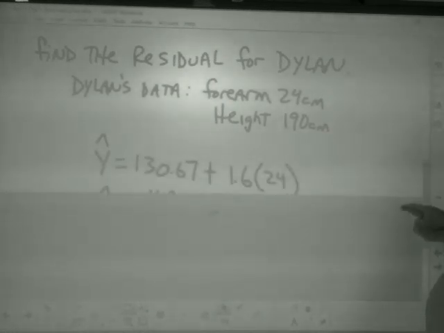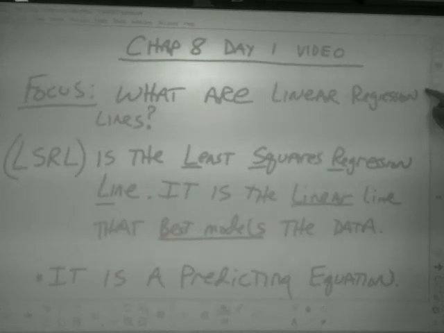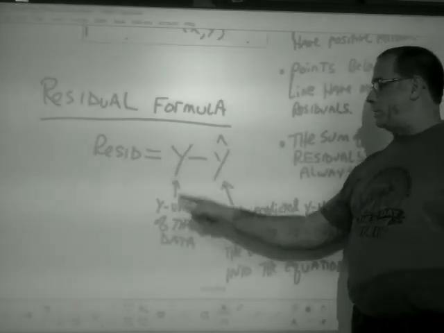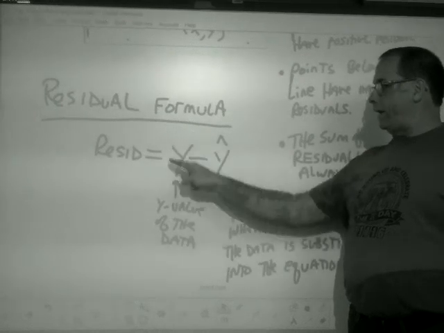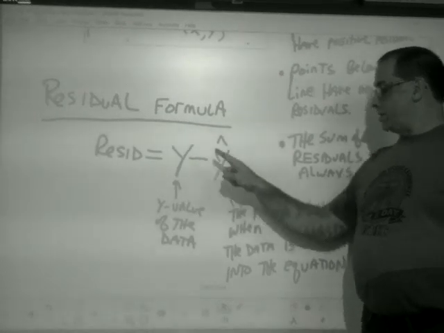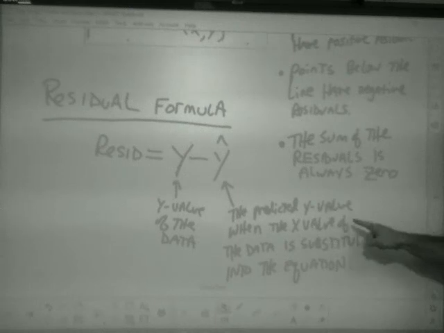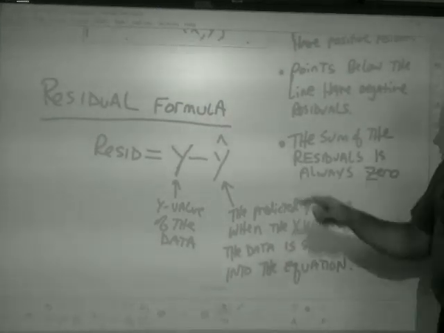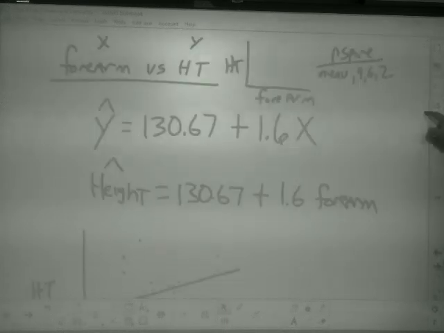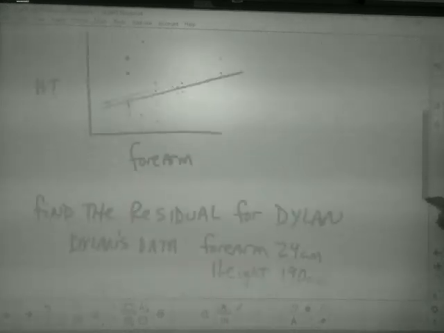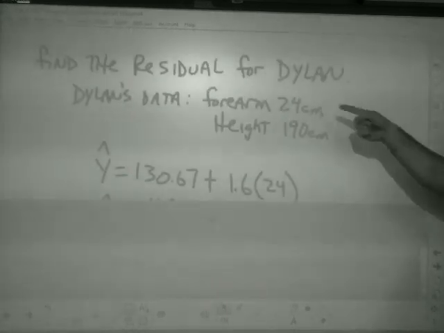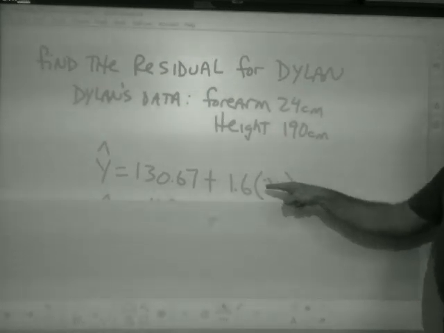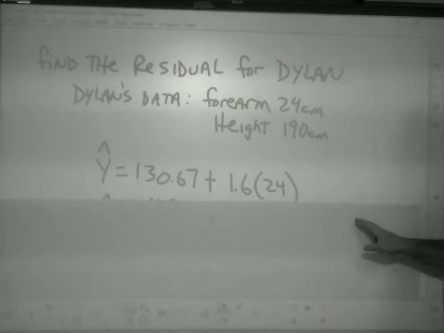So, again, the residual formula is to take the y value from the data, Dylan's y value, minus the predicted y value when we take x, Dylan's x value, and plug it into the equation. So to get Dylan's residual, I need to take his x value and plug it in for the forearm, for x, and crank out an answer.